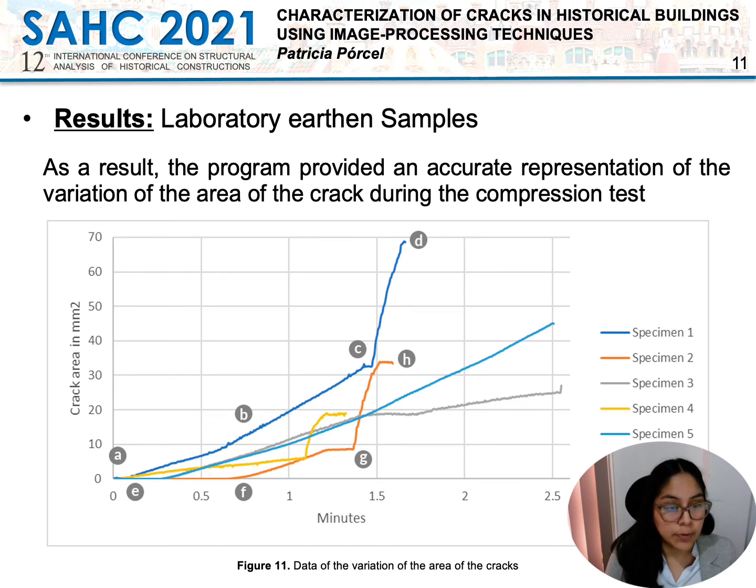We can see in points C and G that the constant growth of the crack starts to change rapidly to get to that rupture point. This is also interesting because we can correlate this with the compression test, how the force of the machine starts to increase and decrease according to the resistance of the cube.